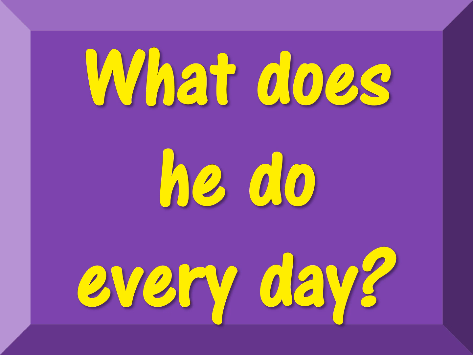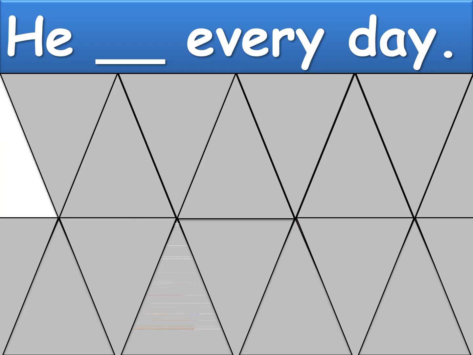Now I'm going to change it a little bit. Instead of asking what do you do every day, I'm going to ask what does he do every day. So this time when you're giving your answer, you need to add the S to the verb. So what does he do every day? Take a look.